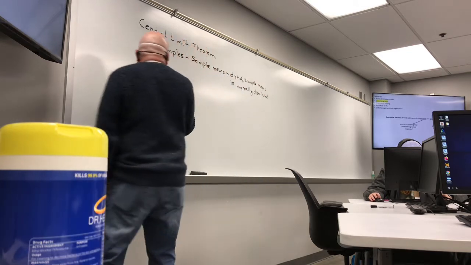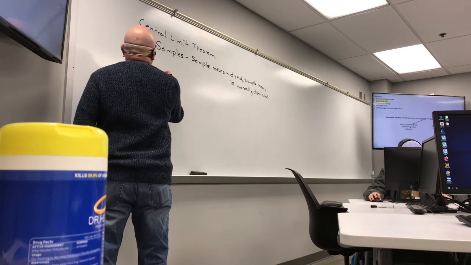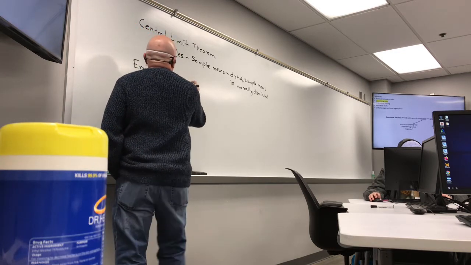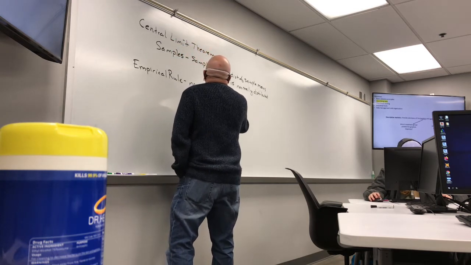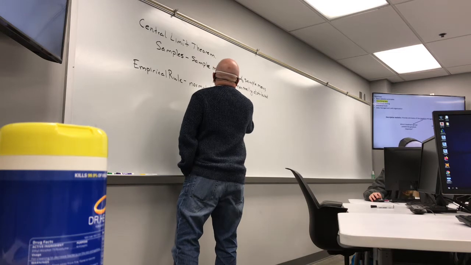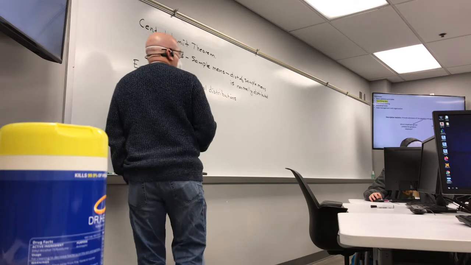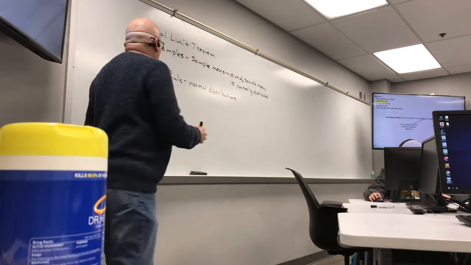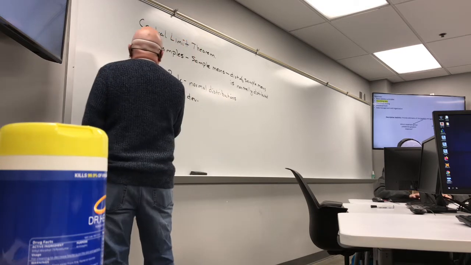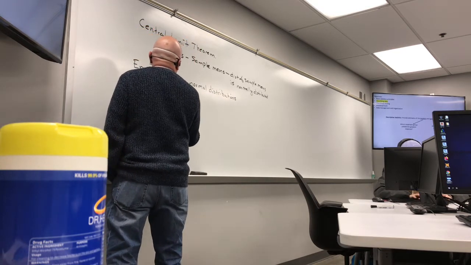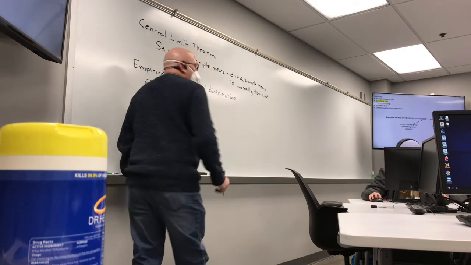The second idea that's really crucial is the empirical rule, which applies to normal distributions. It basically says that about 68% of the area underneath the normal curve is within one standard deviation. 95% is within 1.96 standard deviations of the mean.